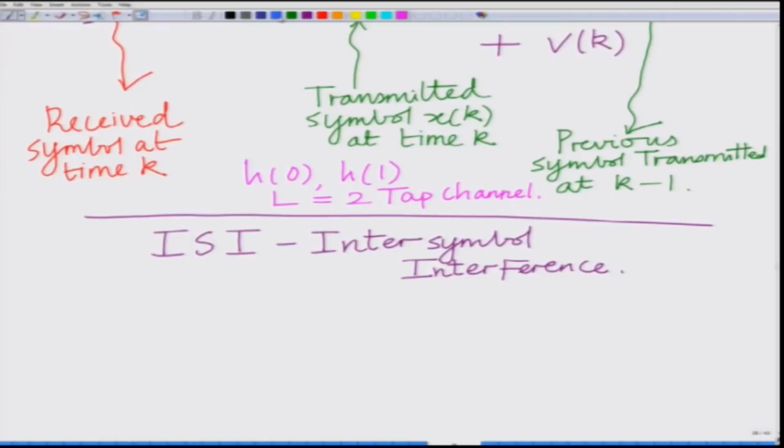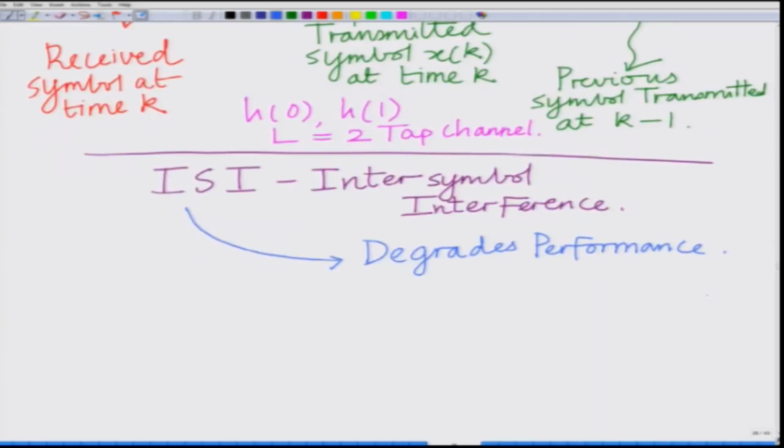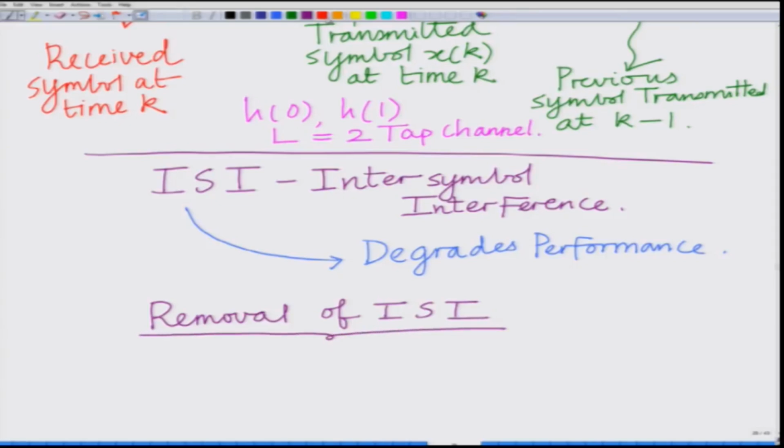Removal of ISI, the inter-symbol interference, is termed as equalization, formally known as channel equalization, also simply termed as equalization, alright. That is basically removal of the inter-symbol interference, right.